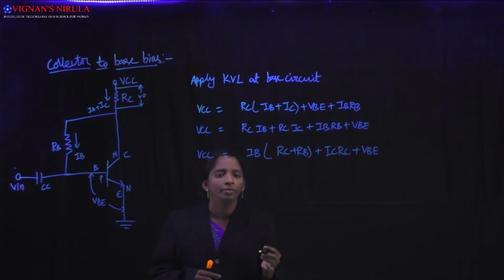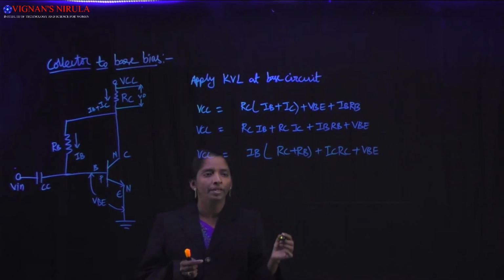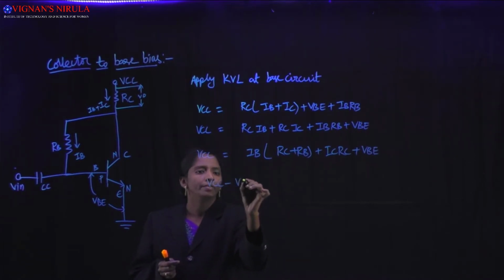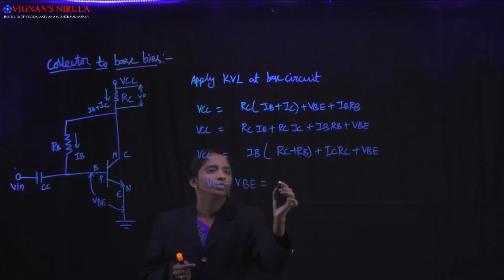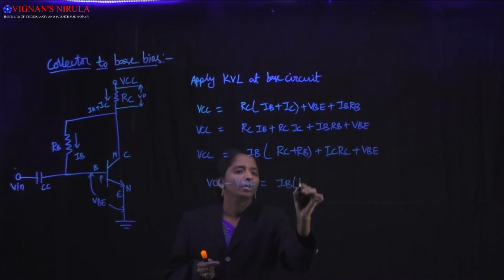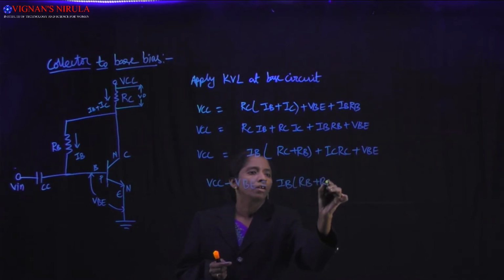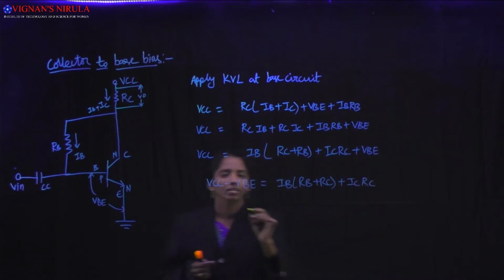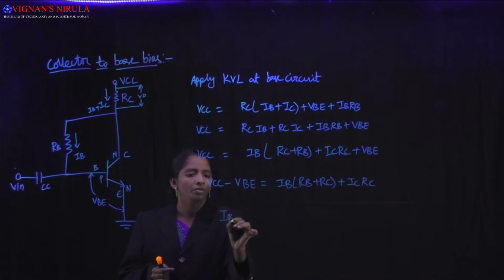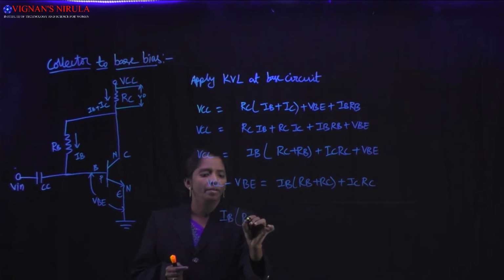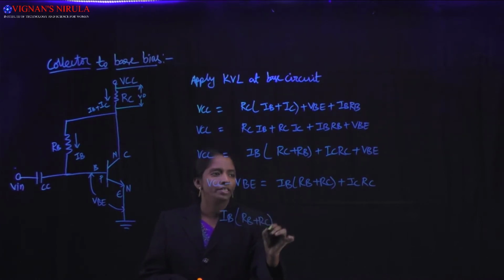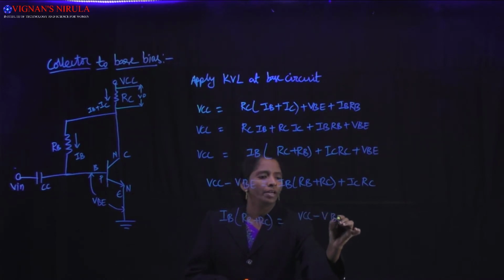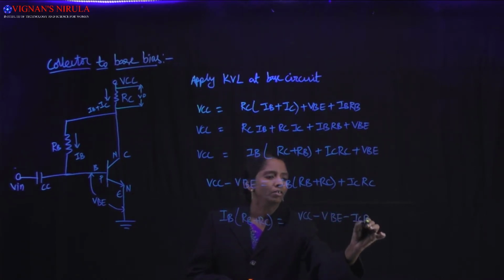Now keep the IB term on the right-hand side and rewrite the equation: VCC minus VBE equal to IB into RB plus RC, plus IC into RC. Or IB into RB plus RC equal to VCC minus VBE minus IC into RC.